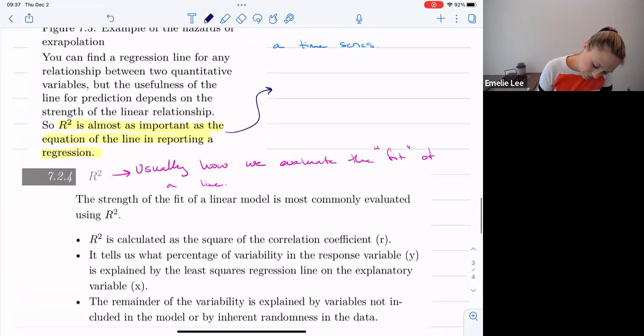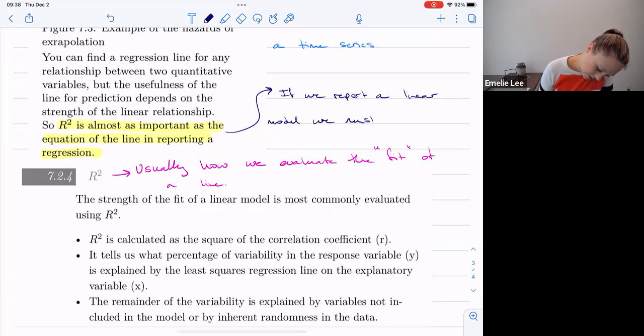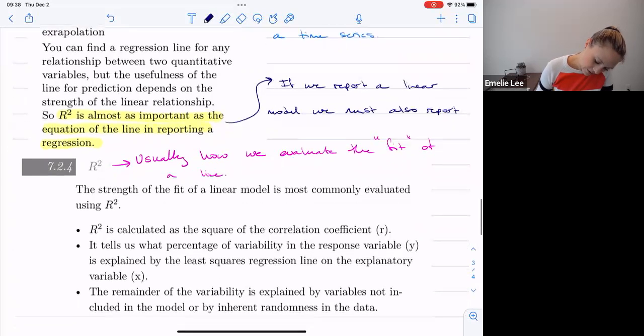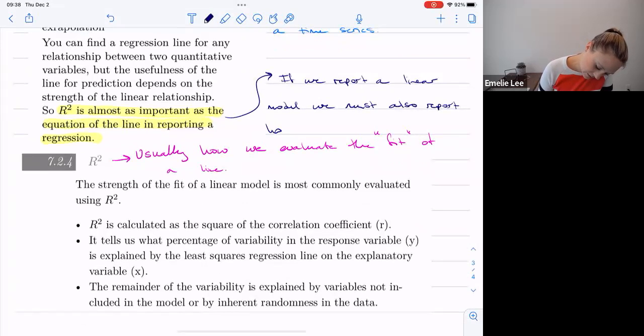So if we report a linear model, we must also report how well it fits.